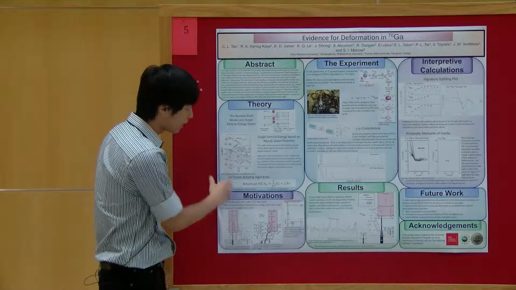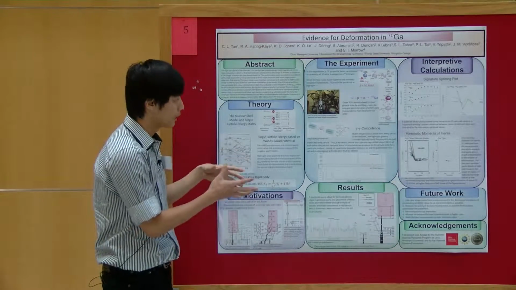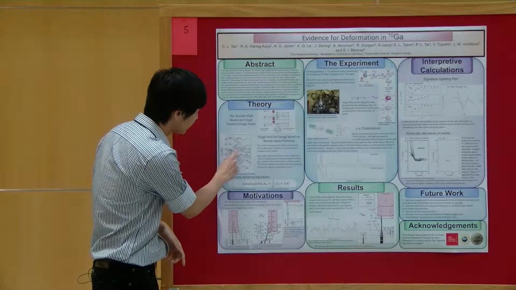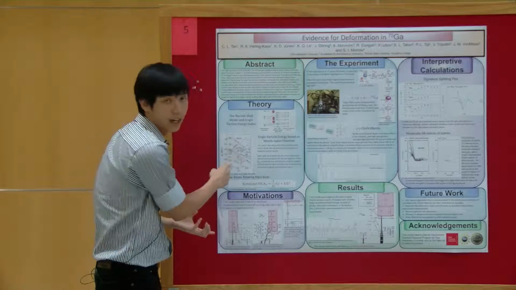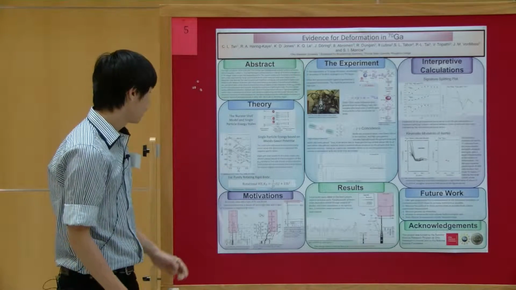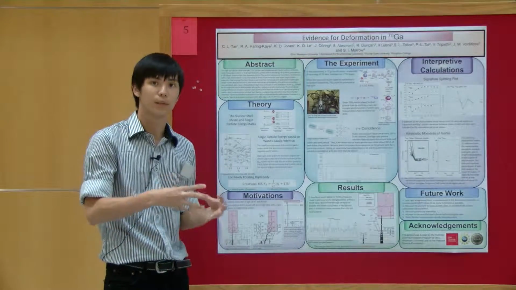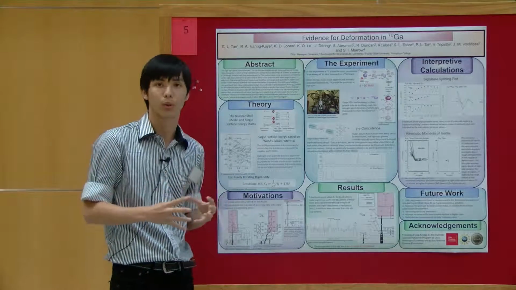We can see that unless the nucleus of gallium-70 is deformed, the odd nucleons cannot occupy these g9 states. In quantum mechanics, only a deformed body can gain energy through rotation.